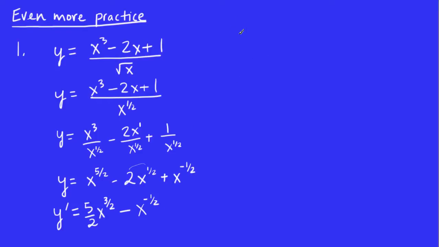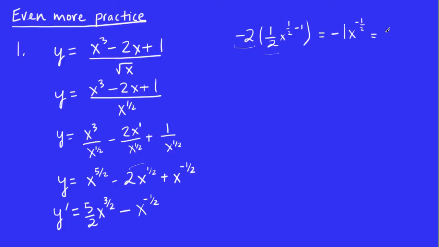If you wanted to do it the long way, I'll just do it on scrap paper over here. Minus 2, open bracket, 1/2 x to the 1/2 minus 1. And what I'm saying here is that negative 2 times 1/2 is negative 1, right? And 1/2 minus 1 is negative 1/2.